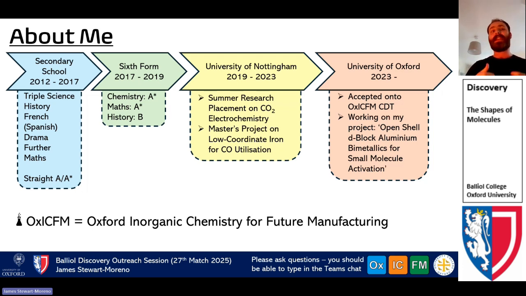So that stands for the Oxford Inorganic Chemistry for Future Manufacturing Centre for Doctoral Training. It's a bit of a mouthful, but in essence, it's just a way of getting funding for the PhD that's a little bit simpler. And the project that I'm working on specifically is about aluminium bimetallics. So aluminium bonded to another molecule, or another metal, I should say, in order to activate small molecules. So things like carbon dioxide or nitrogen or hydrogen, and using those to turn them into useful products.